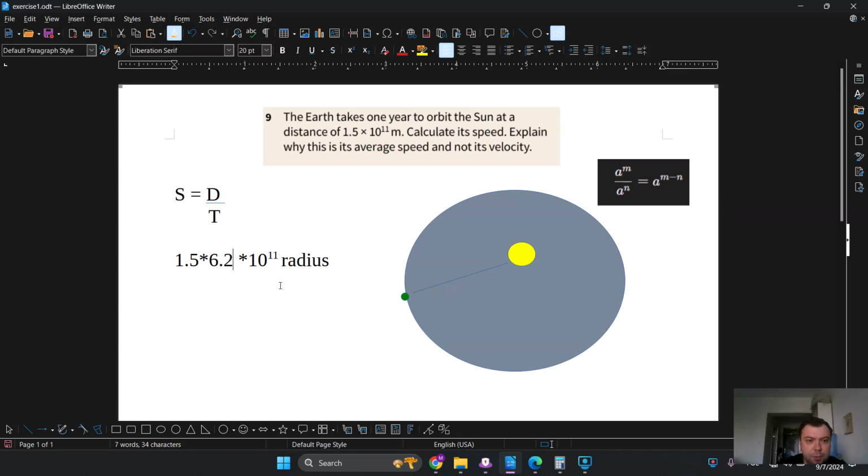Pi is 3.14, so 2 pi will be 6.28. So this is our distance.